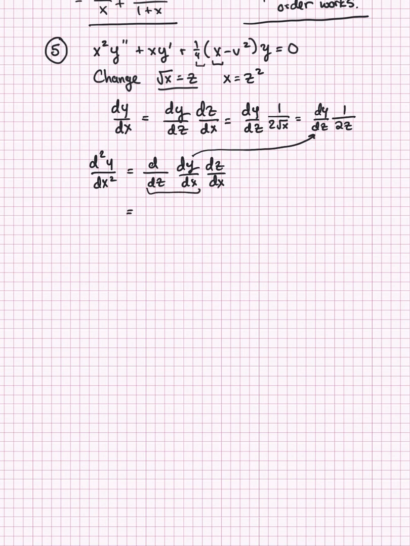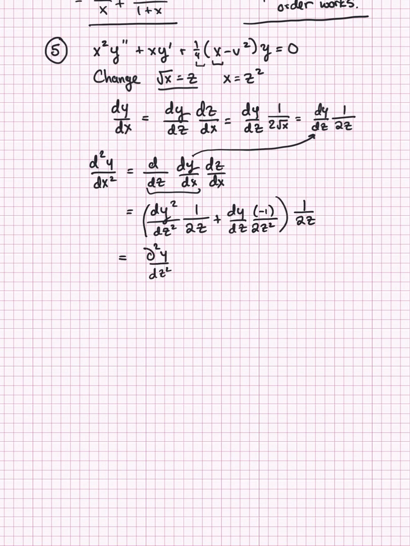It's the derivative of this product, so I get d squared y/dz squared times 1 over 2z plus dy/dz times the derivative of 1 over 2z, so I get minus 1 over 2z squared, and this is all multiplied by dz/dx, which we worked out is just 1 over 2z.